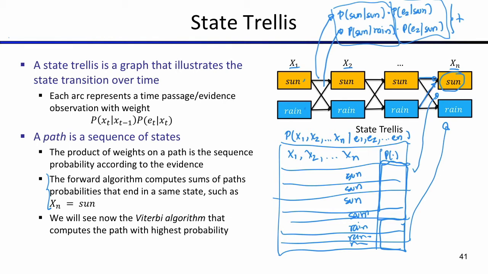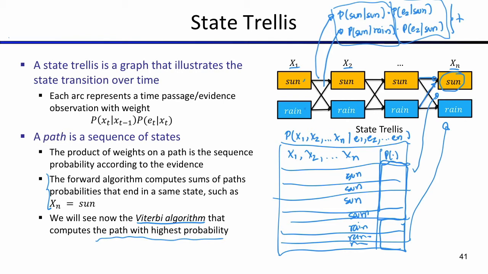So I'm going to do something different, and what's going to compute this different thing is what we call the Viterbi algorithm. I am not interested in these sums that lead to xn equal to different possible values, but I want to compute the path with the highest probability.